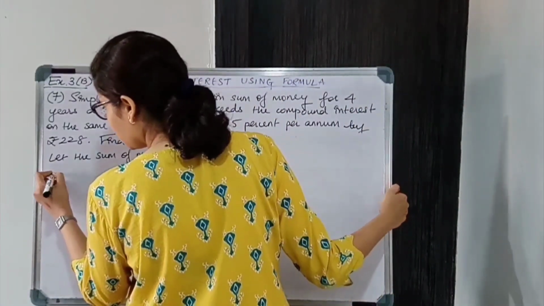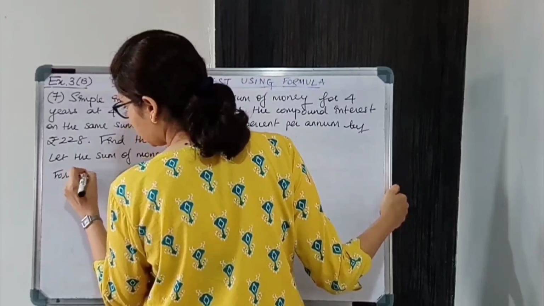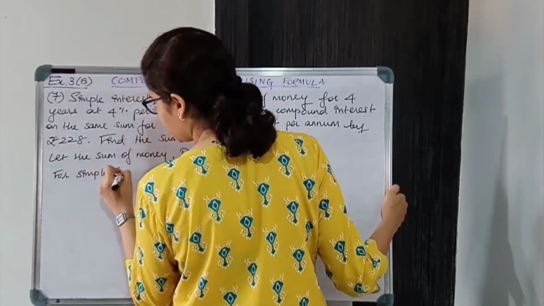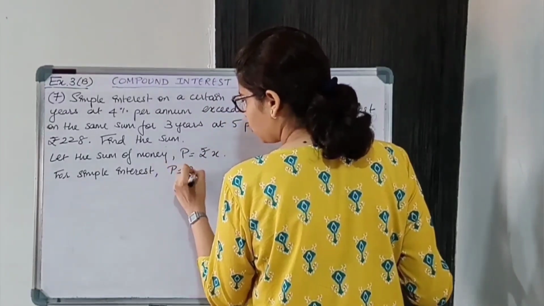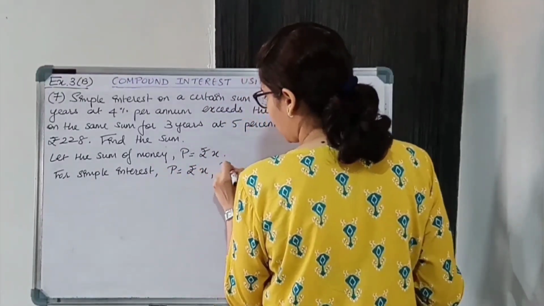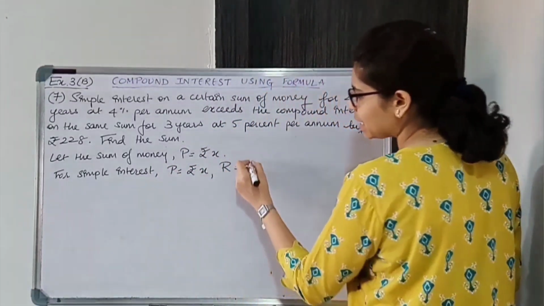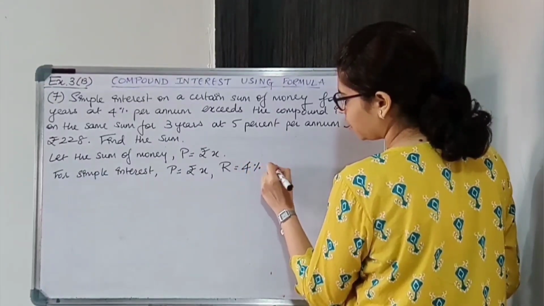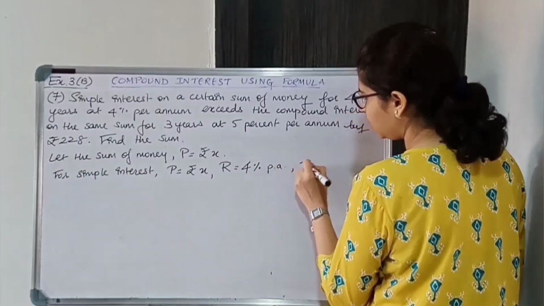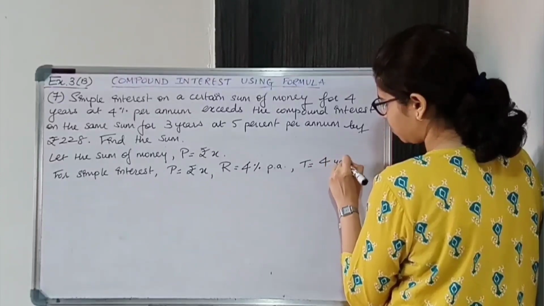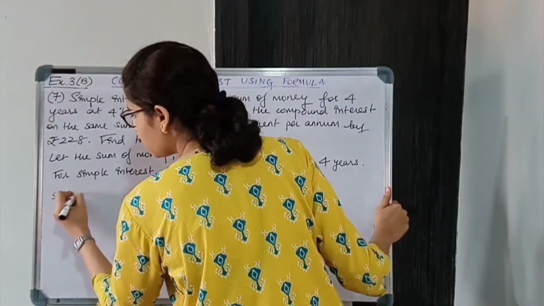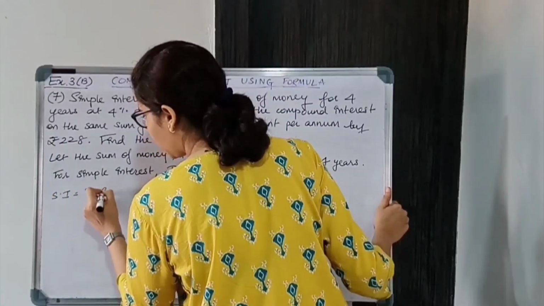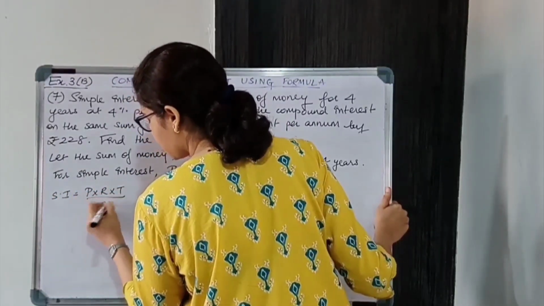So for simple interest, first we'll write down the information given to us. Principal we have assumed to be x rupees. R is 4% per annum and T is 4 years. Okay, so using the formula, simple interest is equal to P into R into T upon 100.